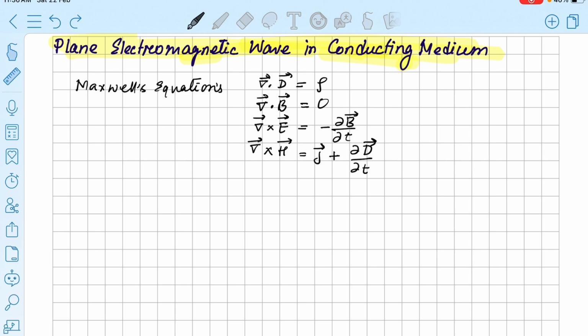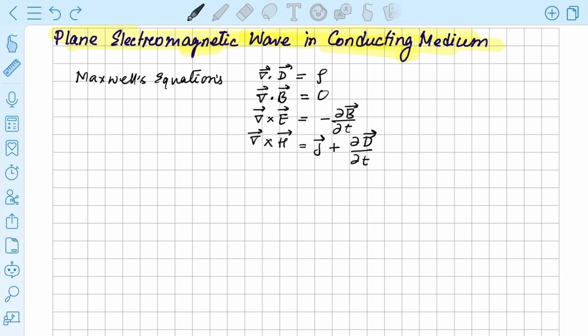Now what we're going to consider here is a conducting medium. First let me write the meaning of the symbols that I have used here.